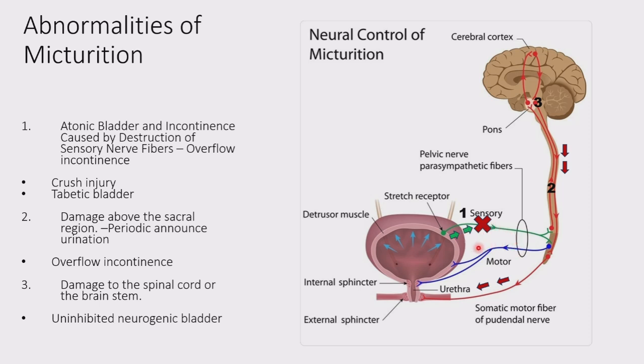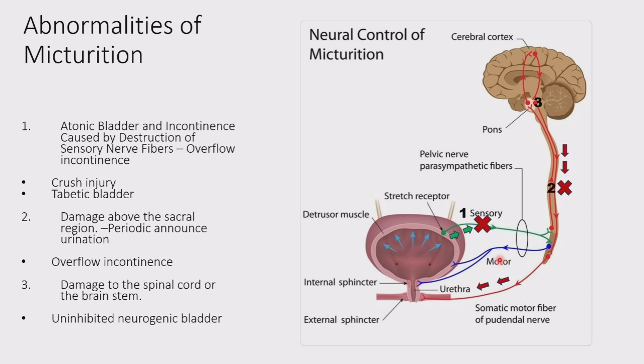Another abnormality occurs when the damage is above your sacral region of the spinal cord. During the first days of the injury, micturition and voluntary control are suppressed. That's why they are catheterized, to prevent the overstretching of the bladder. As time goes by, the micturition reflex returns back to normal.